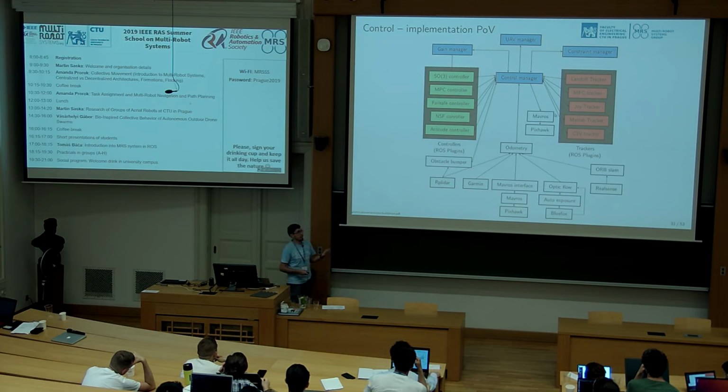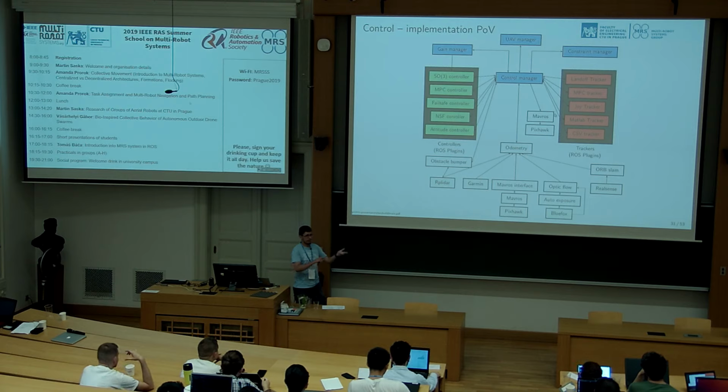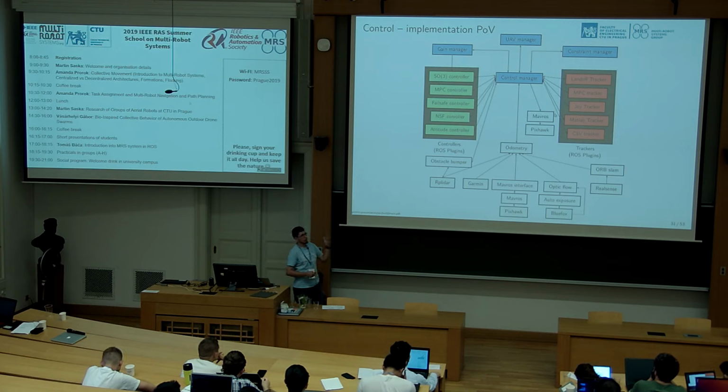This can be done on the fly, as well as we have something which we call a constraint manager. This node handles dynamic constraints. This is the maximum velocity, acceleration, derivative of acceleration, which is jerk, then there is the snap. All of those dynamic constraints can be changed on the flight, and the control manager takes care of telling every one of those trackers that the constraints changed.